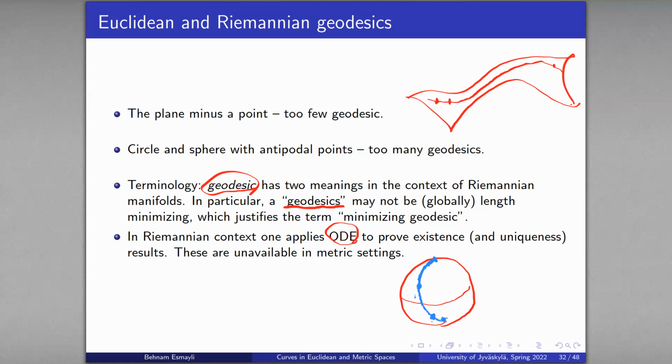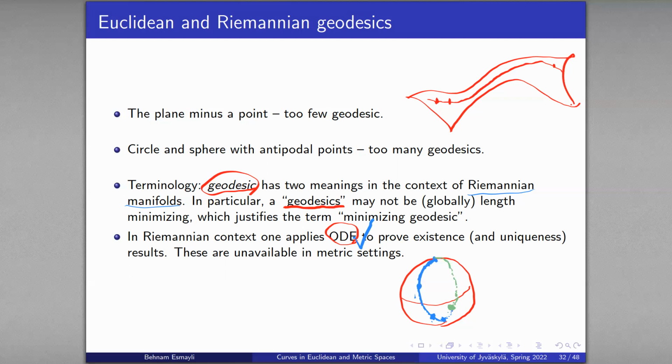But then when you continue, the moment you pass, it is still a geodesic. It still satisfies the same set of ODEs. So in the sense of Riemannian manifolds, it is a geodesic, but in the metric space definition, it is no longer a geodesic. It's not minimizing the length of curves between its endpoints, because one could do better by going from the other side, from behind the sphere. And this green would have been a shorter curve globally compared to this blue one.